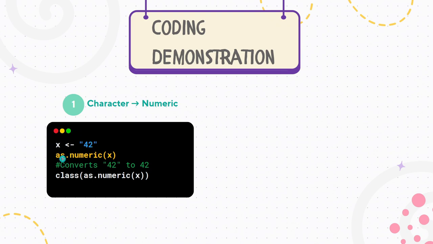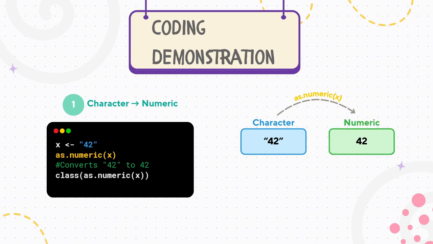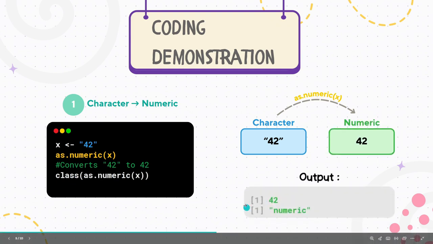Now if I convert as.numeric(x), that is I convert this value into a numeric value, it converts the string value of 42 to the numeric value of 42. And if we check the data type of x using class, we'll be able to see that it converts into a numeric value, and the output will be like this.